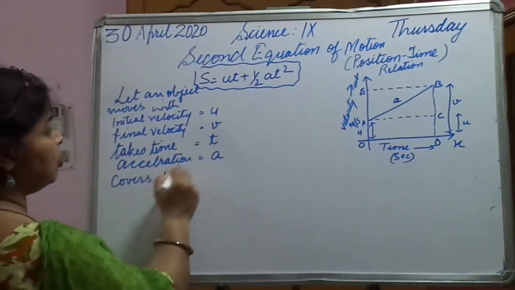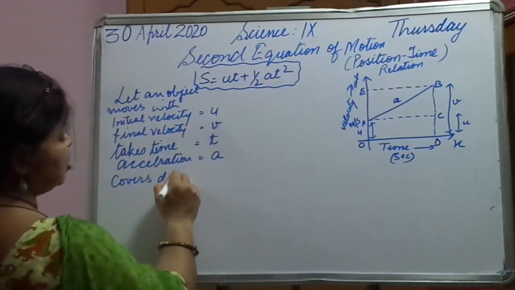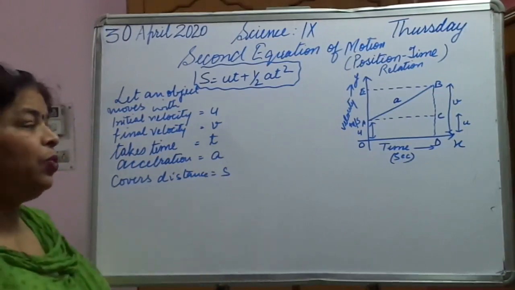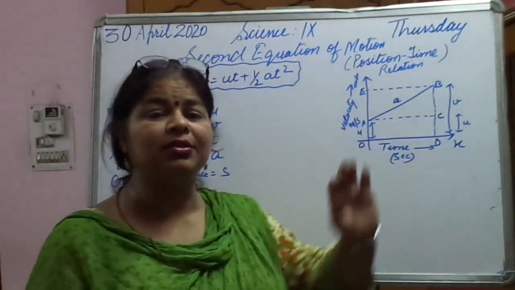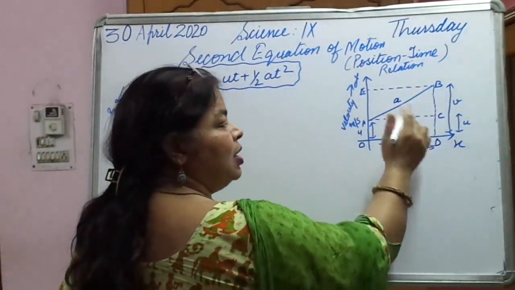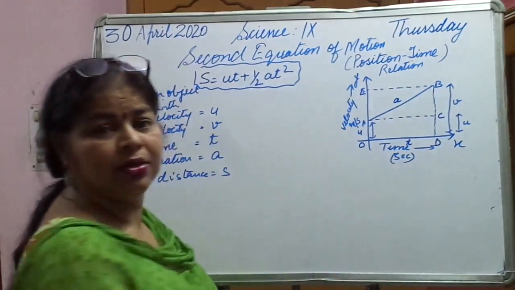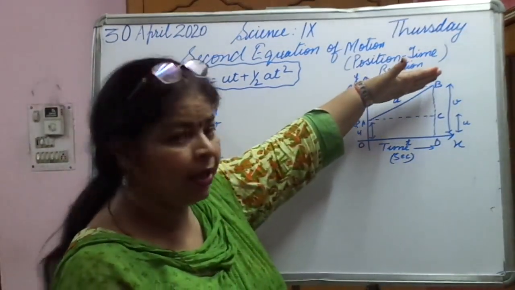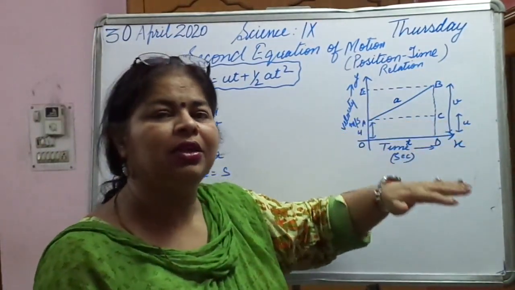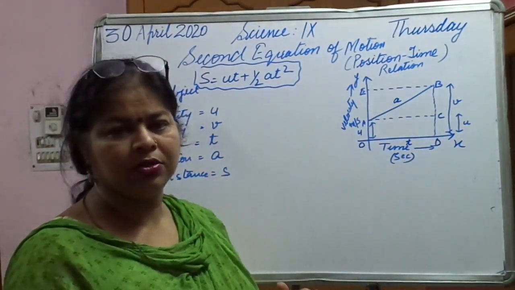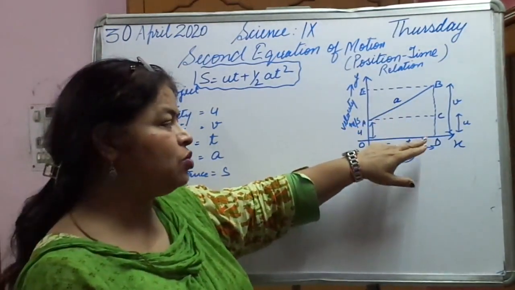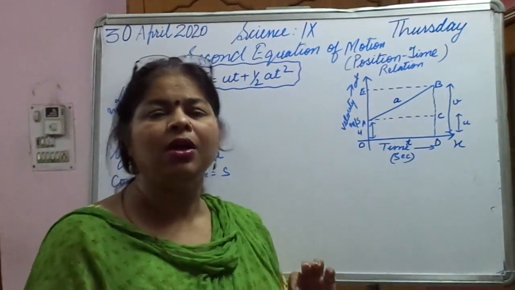Now one new thing, because we are talking about distance, that is s. Which part is known as the distance in this graph? The area under this line AB is known as the distance covered by the object. Whatever the area under this graph comes, that is the distance covered by the object.